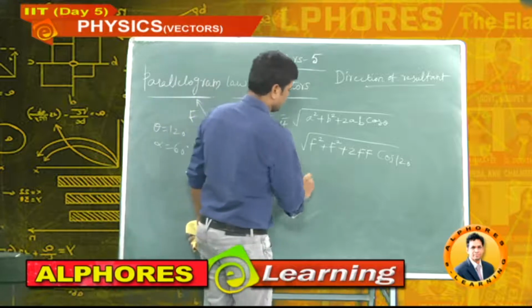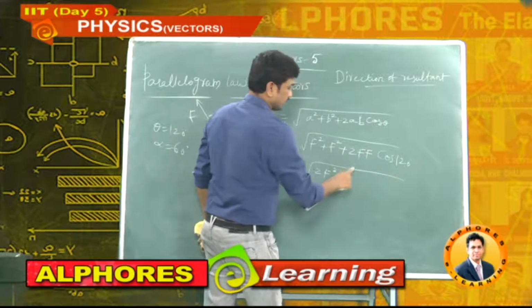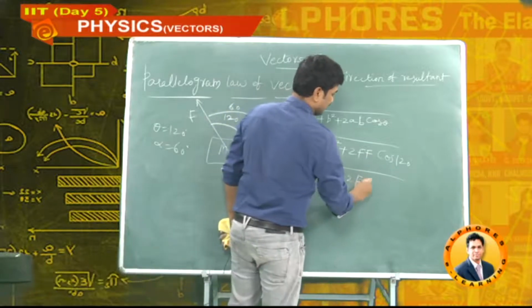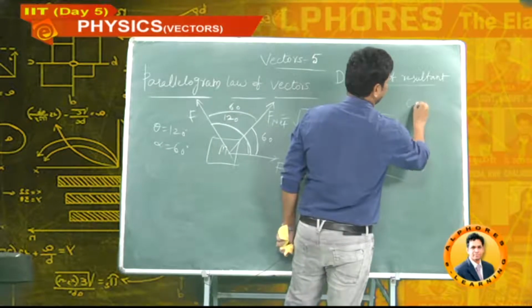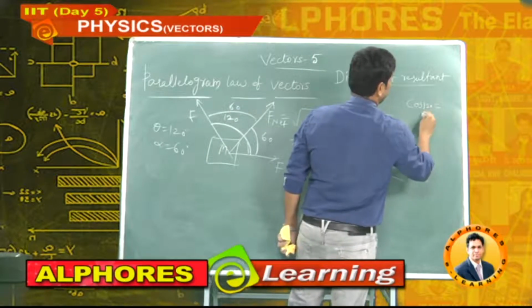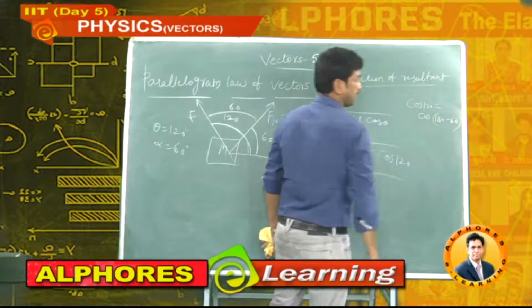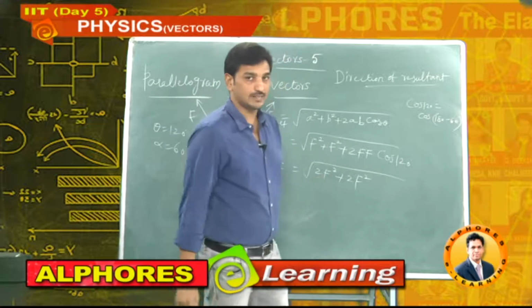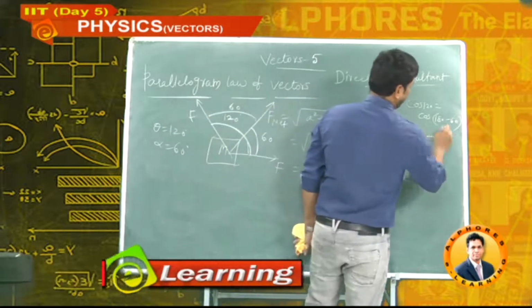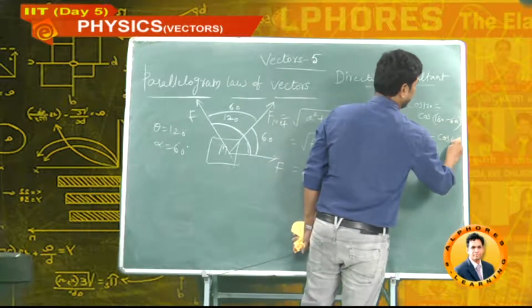Now root over F square plus F square, 2F square, F into F square. What is the cos 120? See here, cos 120, cos of 180 minus 60. This is the second quadrant, cos is negative: minus cos of 180 minus theta, cos theta.